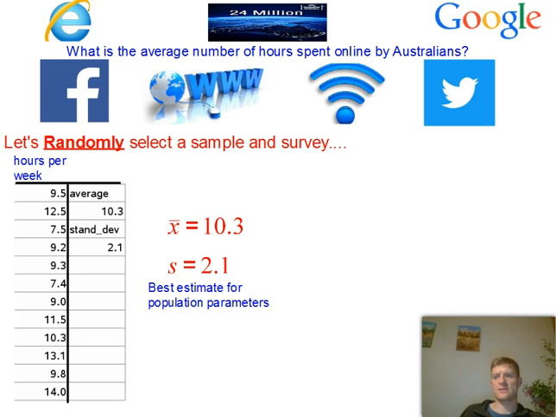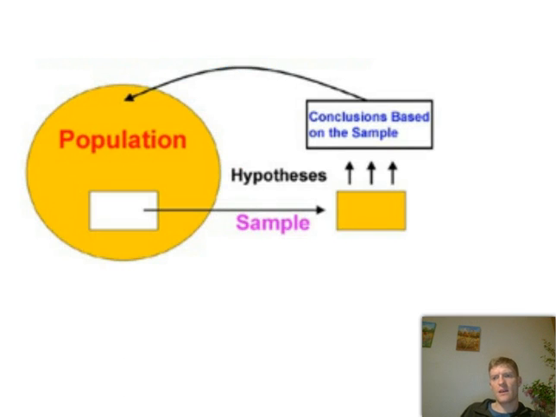That's all the information we have, so we use that to estimate the population parameters. That's the whole point of statistical inference: we take the sample from the population, form a hypothesis about what we're interested in, analyze the statistics of the sample, and then form conclusions based on the sample and relate them back to the population.